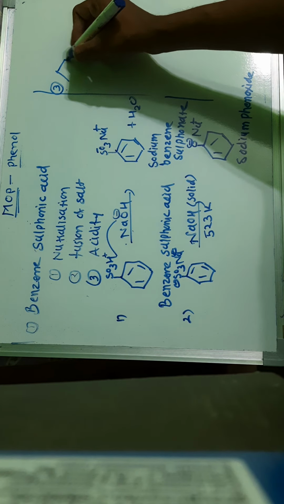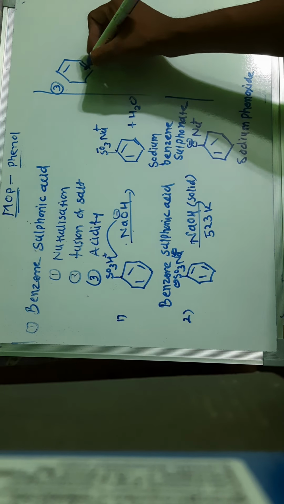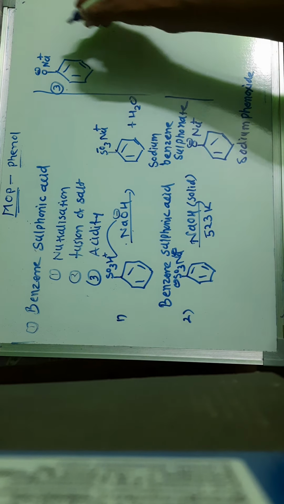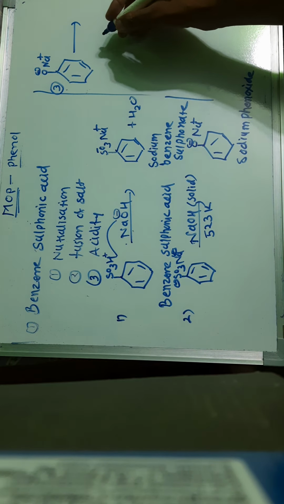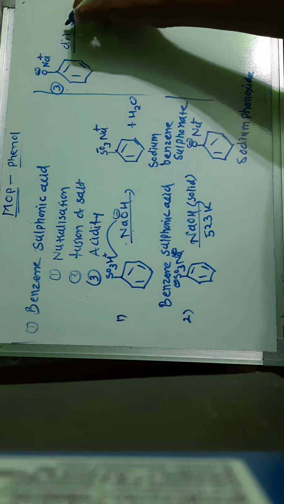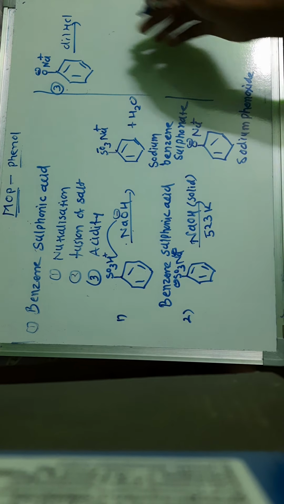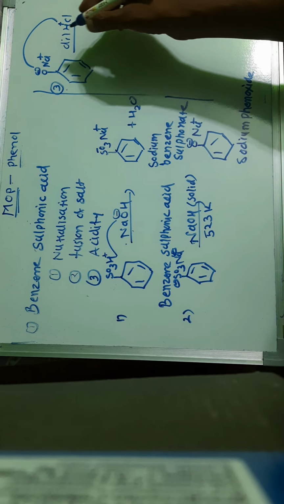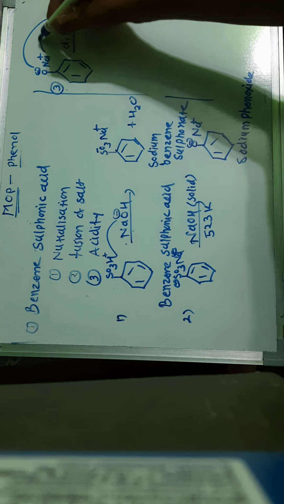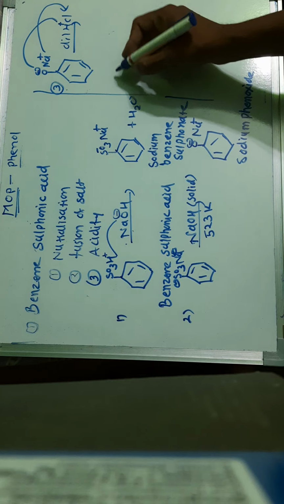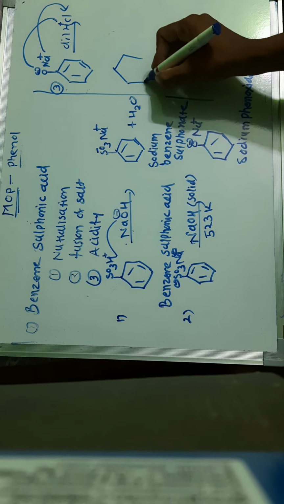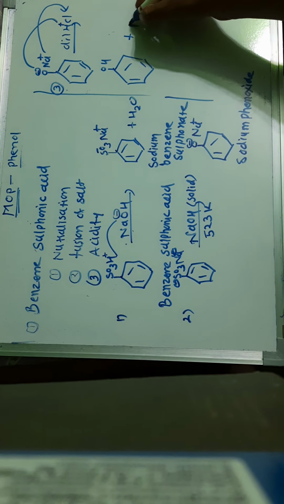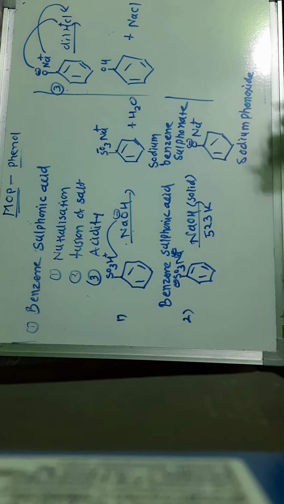When this sodium phenoxide, O negative Na positive, is acidified with dilute HCl, the H plus ion migrates towards the oxygen atom and the Na positive migrates towards the Cl negative ion, and finally we get the product, phenol, and the salt NaCl.